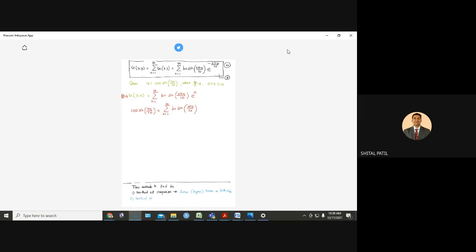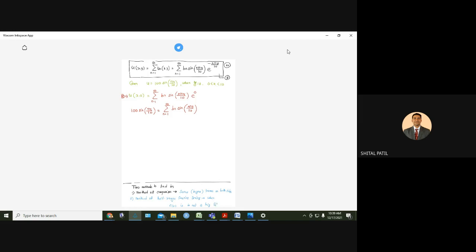Second, method of half range Fourier series. When f of x on the left side is not a trigonometric function.